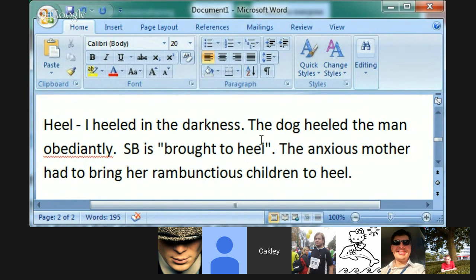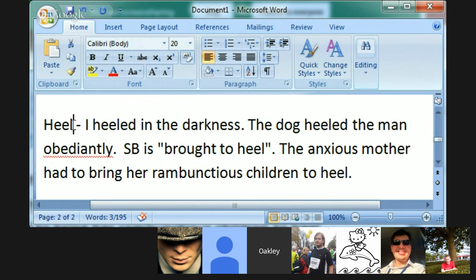So the idea is you're brought under control, you are controlled. It's not simply a matter of following someone closely. It's a matter of being completely under someone's control, like a dog.